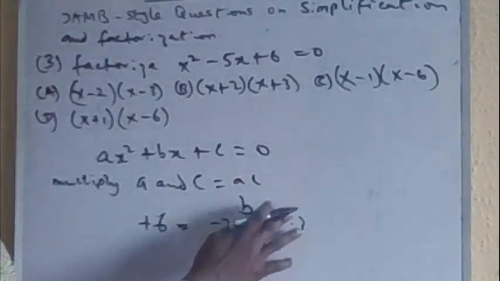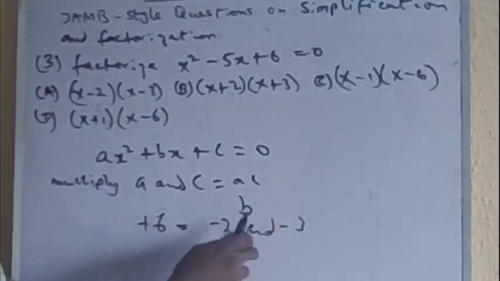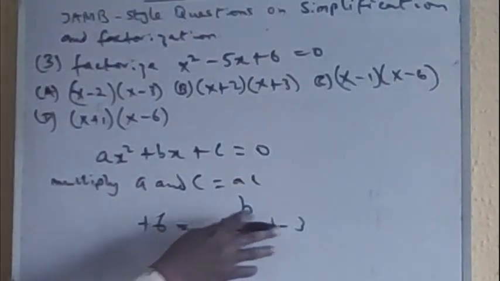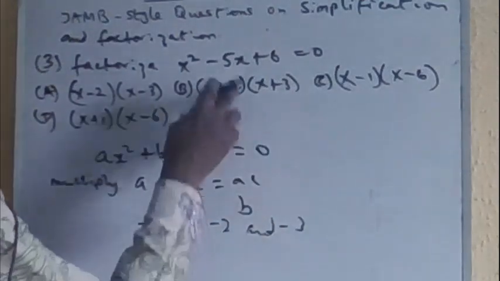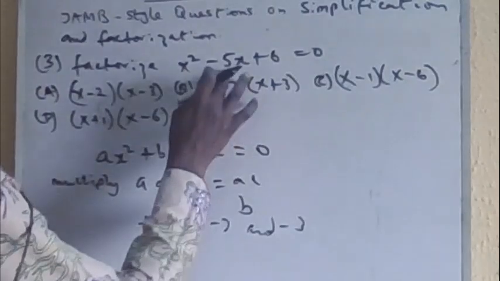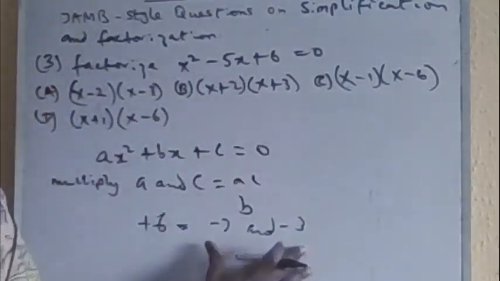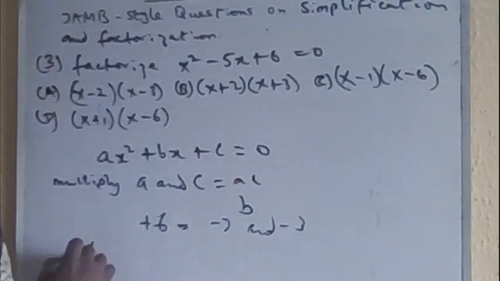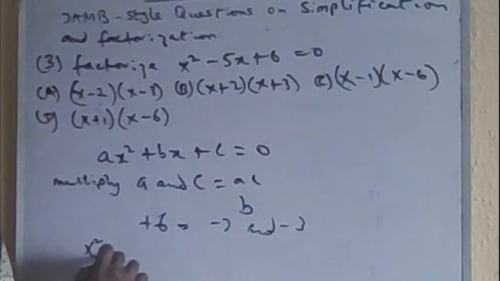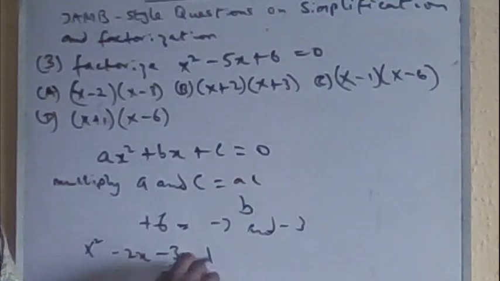Because minus 2 and minus 3 will give me plus 6 by multiplication, and minus 2 and minus 3 by addition will give me the middle term. So just replace the middle term with this. I have x squared, and instead of minus 5x, I put minus 2x plus minus 3x, plus 6.